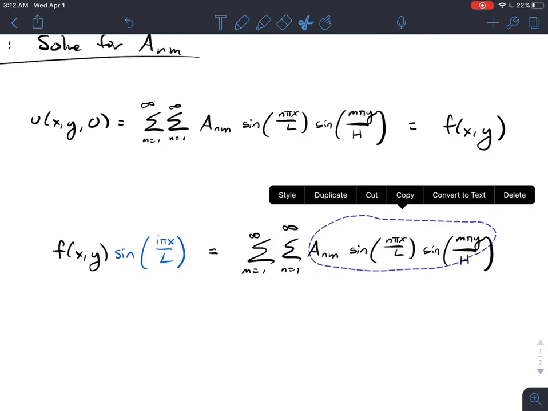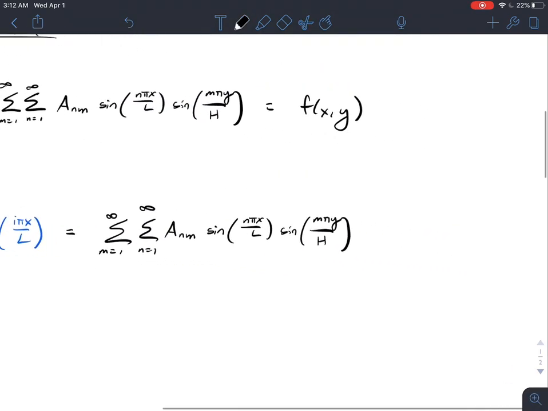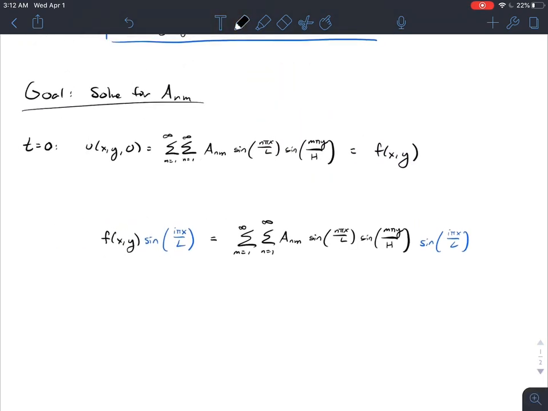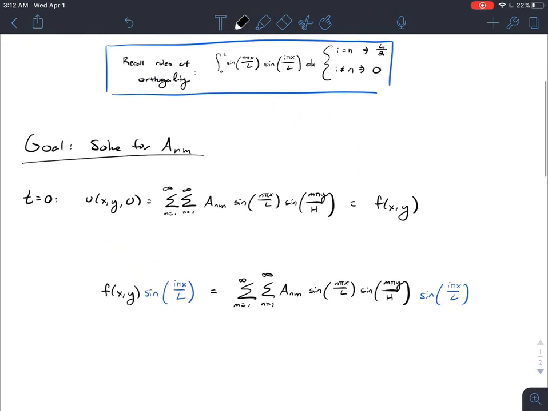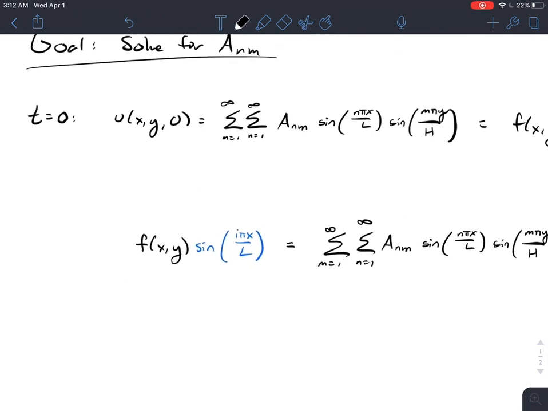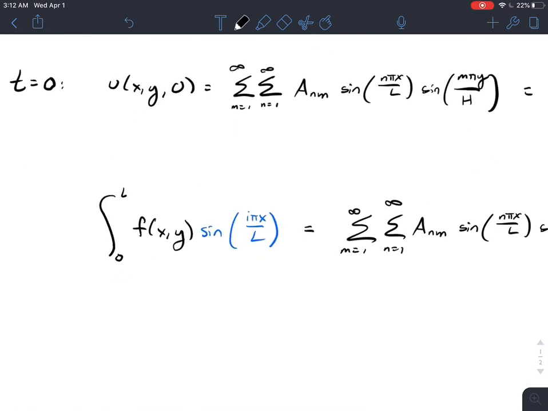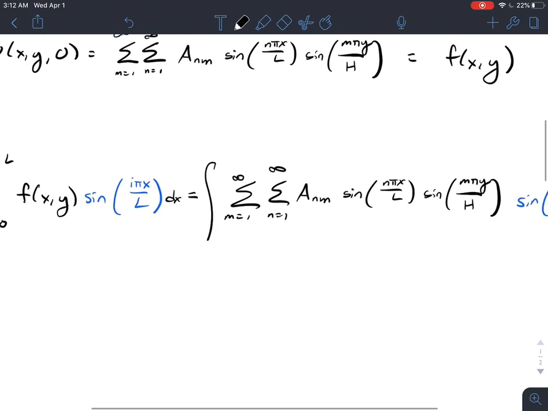So that just stays the same because all we're doing is multiplying. Times sine I pi x over L. Then I'm going to integrate both sides with respect to our boundaries, 0 to L, in order to get our problem in the form of orthogonality.